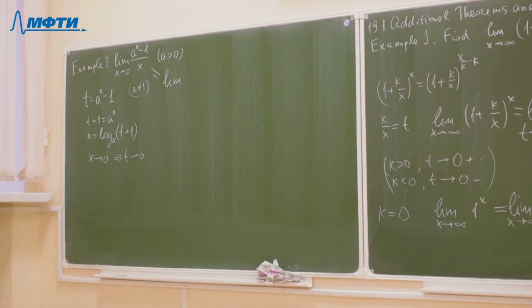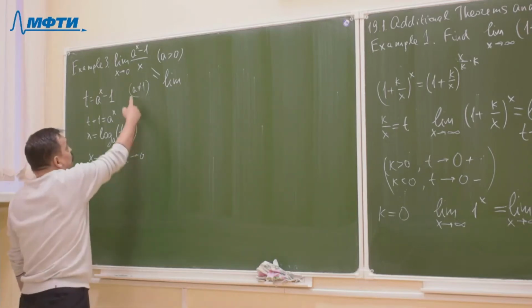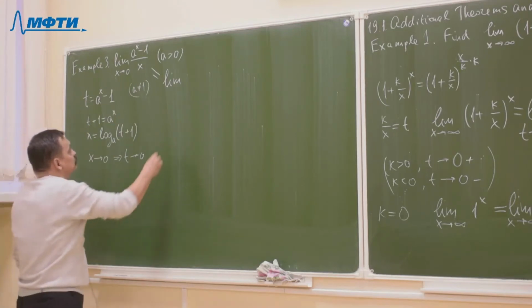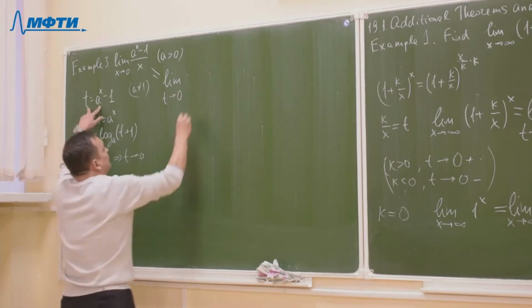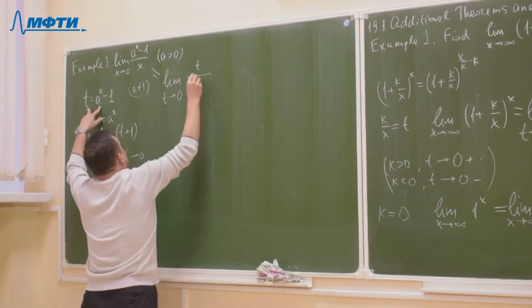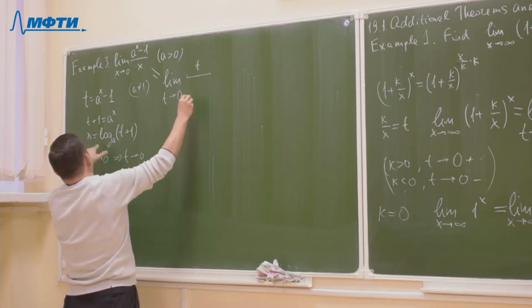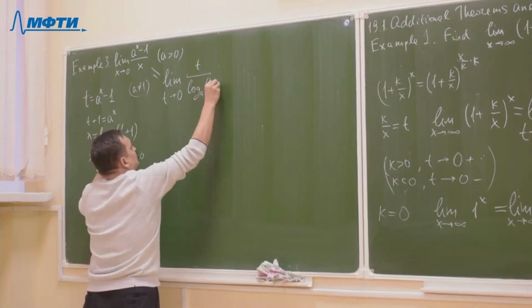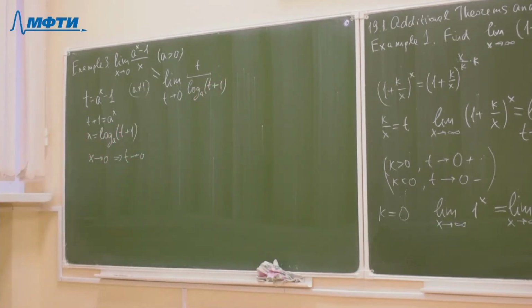So we cannot use the composition theorem for the case a equals 1, so we should exclude it. Then this is the limit as t tends to 0, and we will rewrite it as t over logarithm with respect to a of t plus 1.